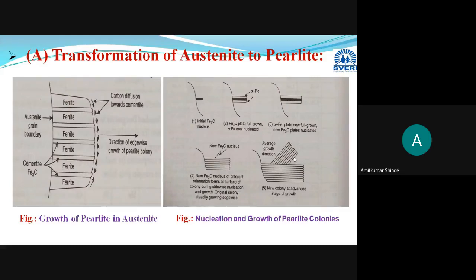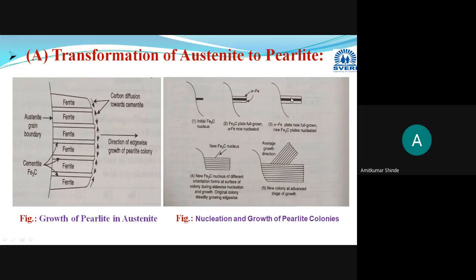Here a very important point is that this austenite is transforming to the pearlite due to the diffusion of the carbon, and it will start with the nucleation of cementite on the grain boundary of the austenite. Then this nucleus of cementite will grow edgewise, and in the adjacent region ferrite will be formed, and they will grow together, cementite and ferrite.